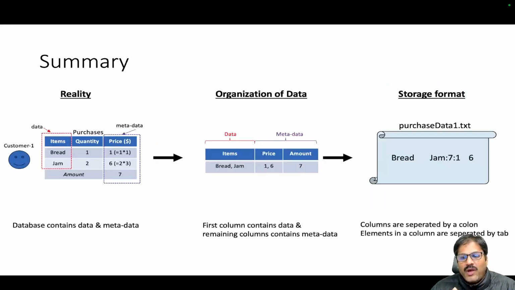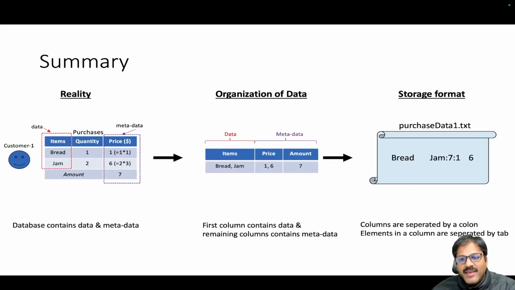Now, as a summary, data generated by the users contains data and metadata. When we are organizing the real world data, we first store the data in the first column. Metadata is stored in the remaining columns.